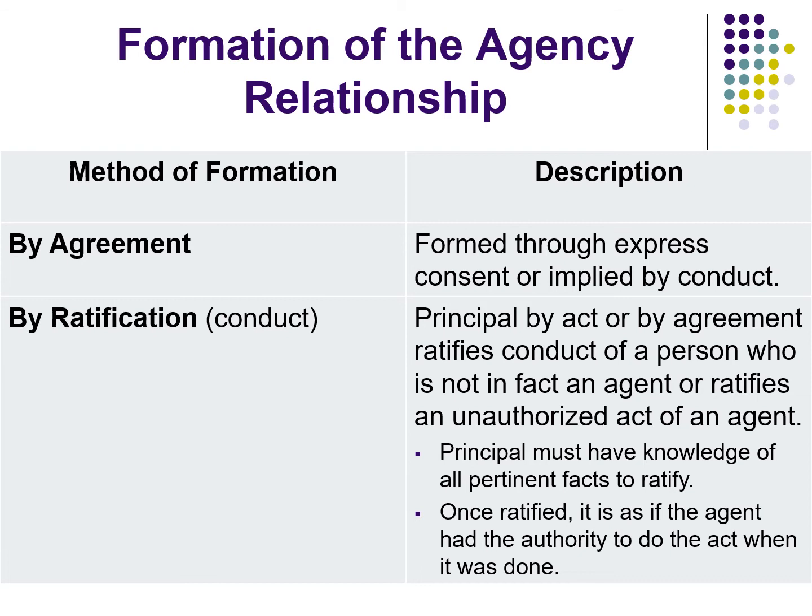If they don't take any action, but they know of all the facts, then the unauthorized acts of the agent are said to be ratified because the principal did not do anything. It's as if the agent did have the authority to do what was done. So that sounds really murky, right? So let's look at some examples.